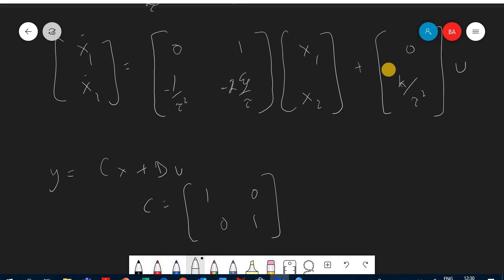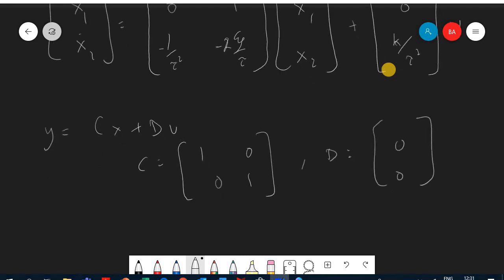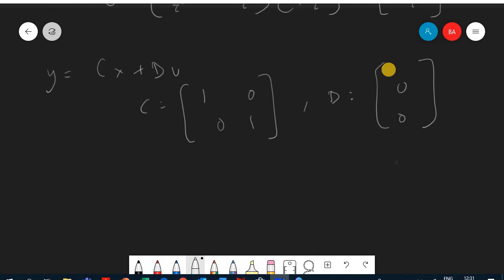If I want to find only x2 dot, I'm going to enter only 0 1. If I want to find both of them, I'm going to enter this whole term, as we had said earlier. And here d would be the same dimension of b, which is 0 and 0. Okay, so these are the main things that you really need to do here.